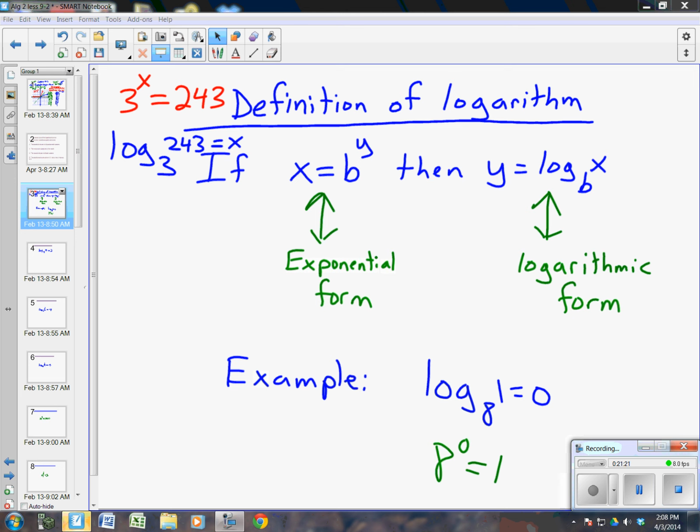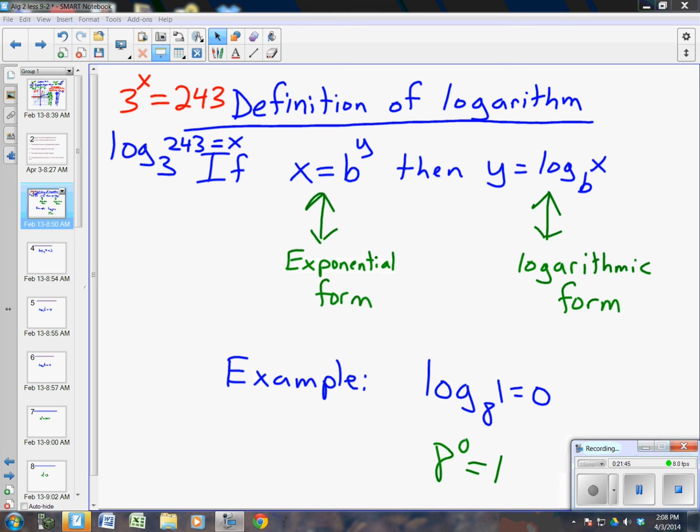I wanted you to make sense of it yourself first. This is how I think of it, if you want another frame of reference. I remember this. B is the base of this exponent y right over here, right? Since b is the base of y, b is also the base of the logarithm. It's the one we write as a subscript over here, log base b, right? Okay? And I told you, y is the exponent.